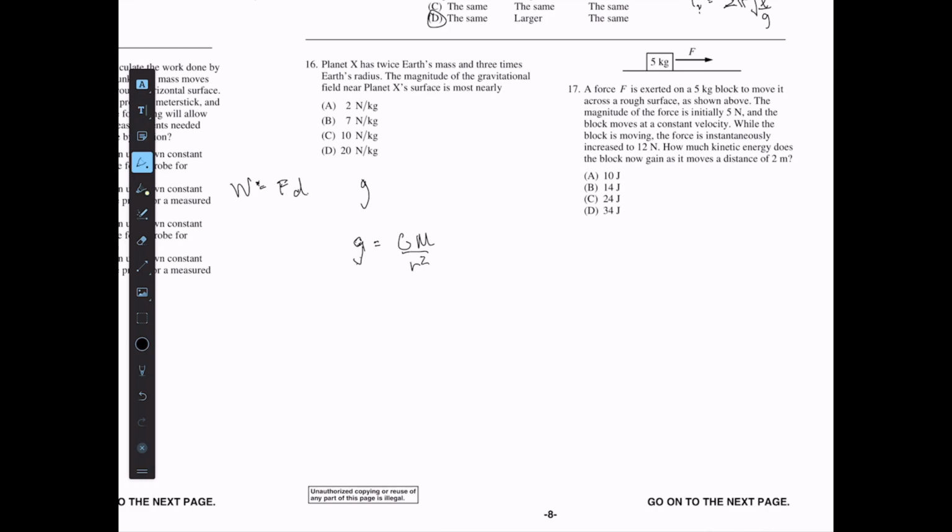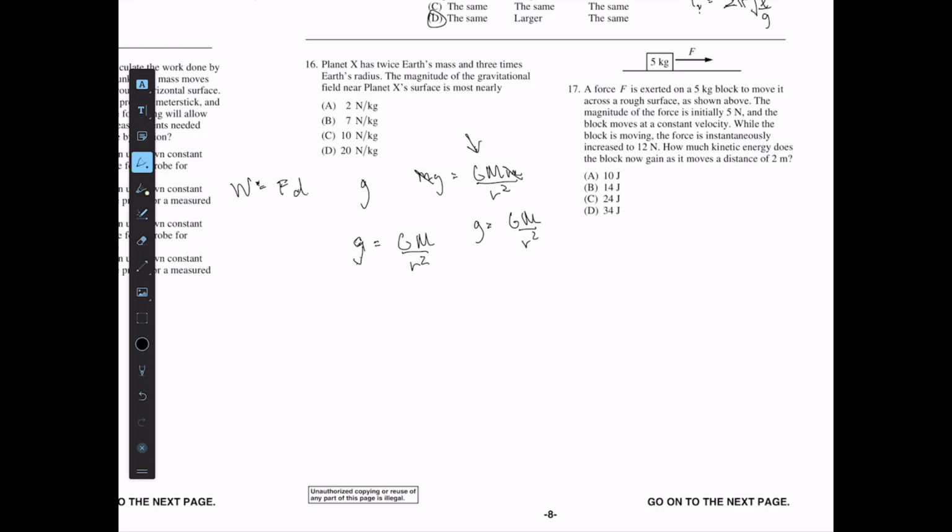And the way I got that is basically if you set mg equal to GMm over r squared, you can cancel out the small m's and get that. Because these are both equations for the force of gravity, except that this equation is used when you're dealing with different distances or different masses.